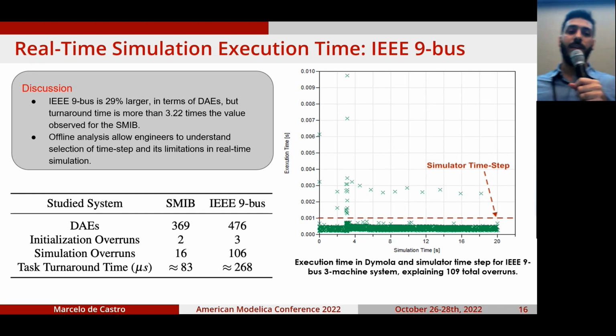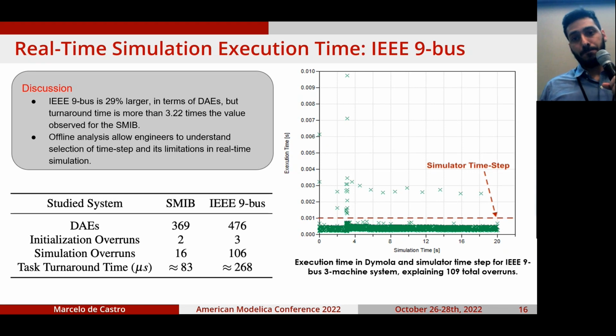But if we go to the IEEE 9-bus system, we see that even though it's only 29% larger, it actually had 109 overruns total, and 268 microseconds of test turnaround time. Which means that even if you increase just slightly the size of the model, it becomes more and more complex to do the calculations for real-time compliance.